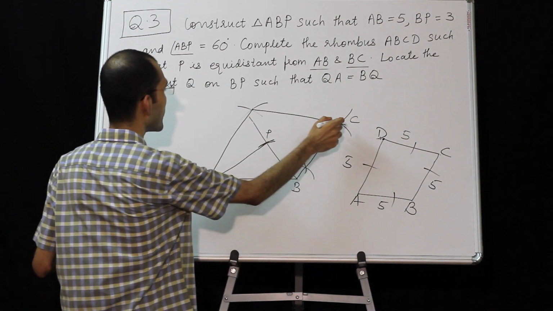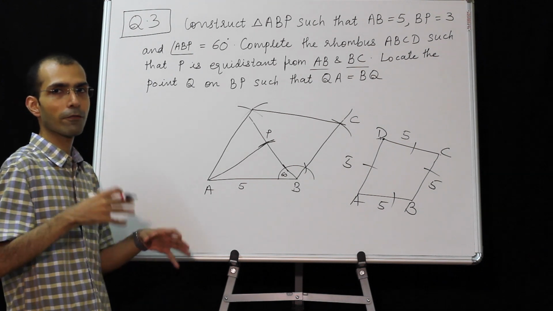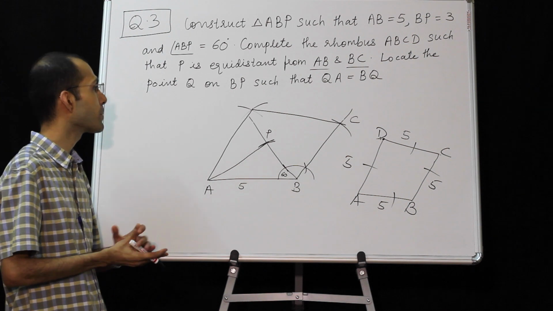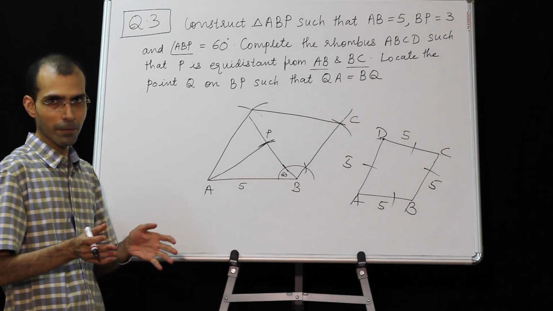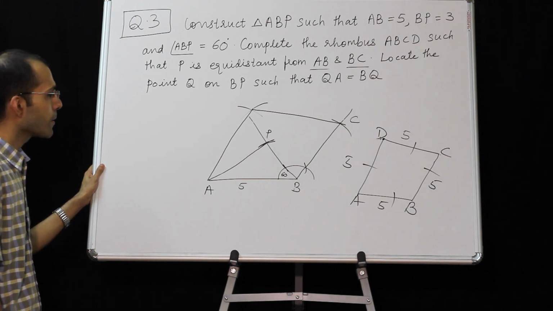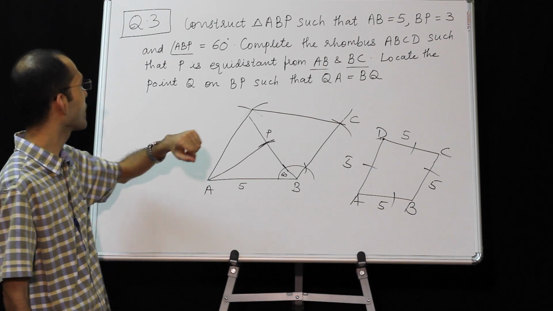So ABCD will become our rhombus. So in reverse, instead of the rhombus being drawn before, we draw part of it and then we are asked to complete the rhombus. Comfortable with this? So this is done. However, we need to understand that one more part is still remaining.